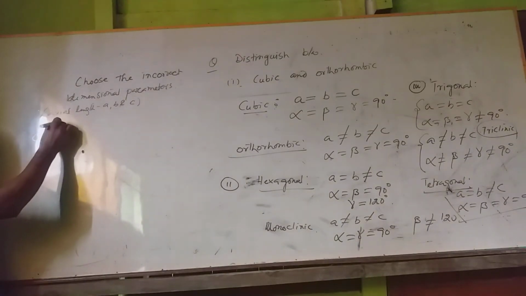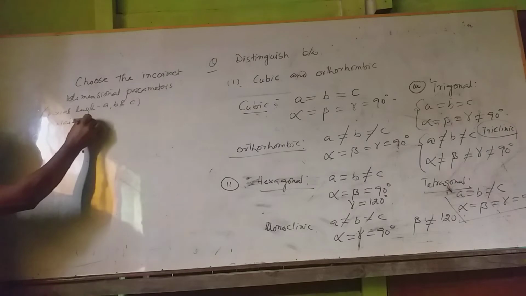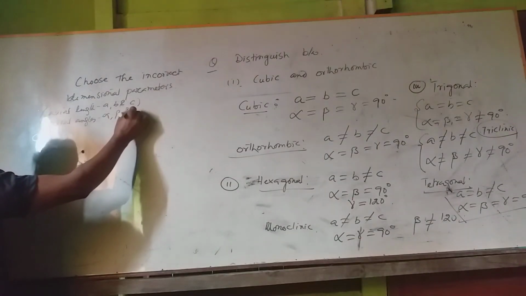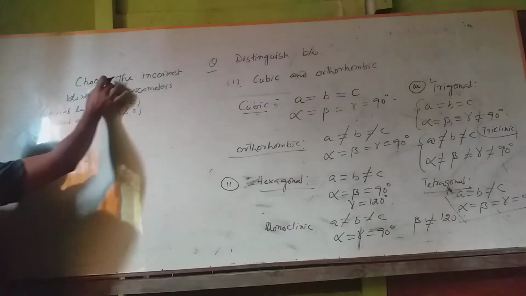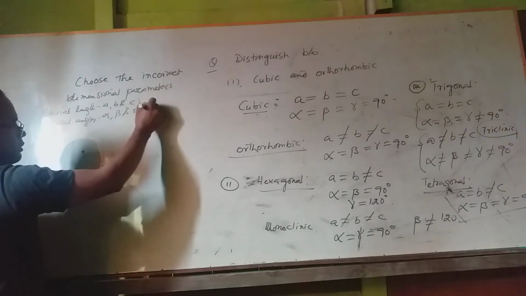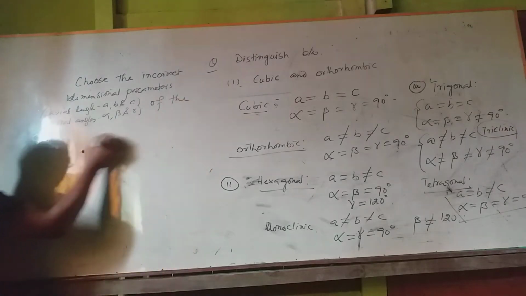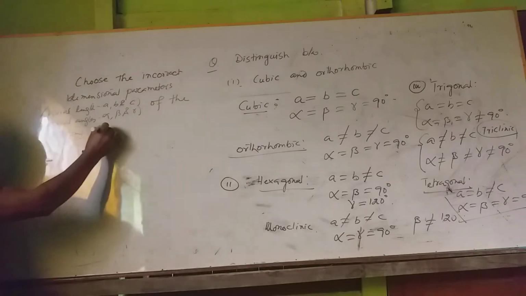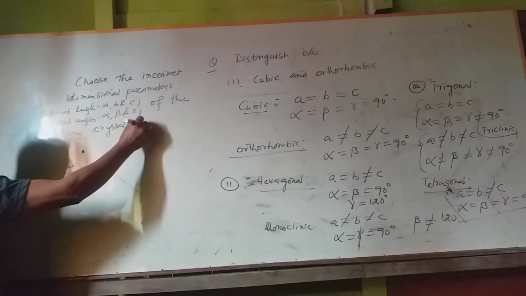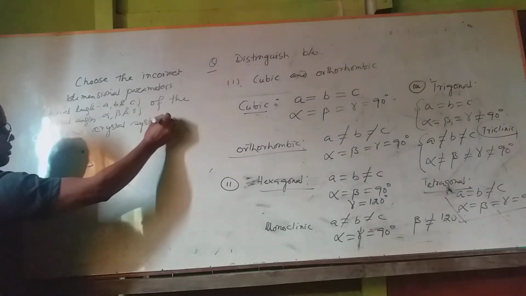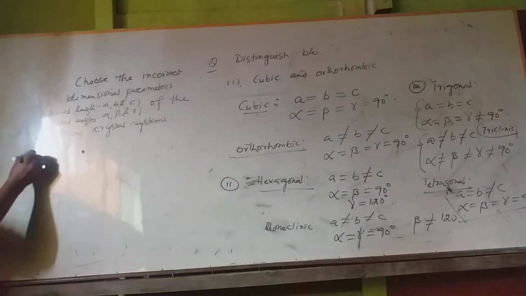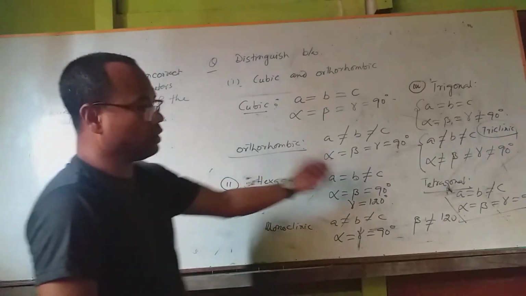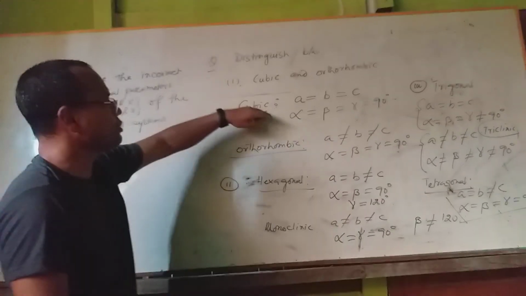And axial angles, alpha, beta and gamma. So choose the incorrect dimensional parameter of the following crystal systems. I write one of the crystal systems with wrong dimensional parameters.